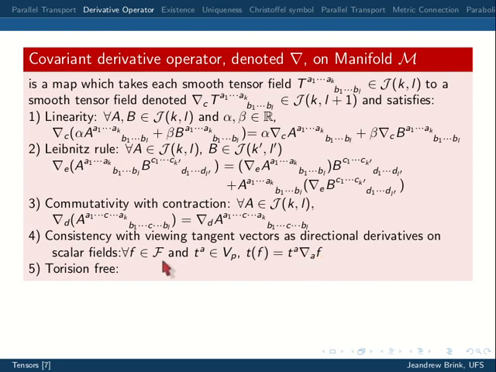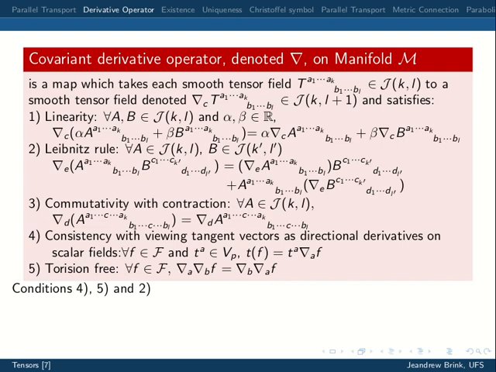And then the final hypothesis is that it must be torsion free. In other words, if you have a scalar function that maps the manifold to the reals, the order of differentiation with a covariant derivative operator must commute, and note this is only for a scalar function. So the idea is that if you have a function on your manifold, the order of differentiation doesn't matter.